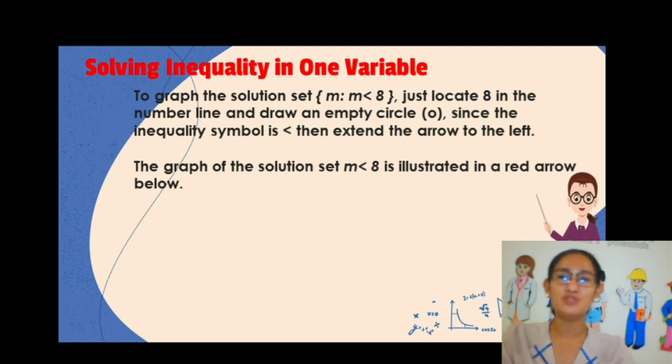To graph the solution set m is less than 8, just locate 8 in the number line and draw an empty circle. Since the inequality symbol is less than, extend the arrow to the left. The graph of the solution set m is less than 8 is illustrated in a red arrow below.